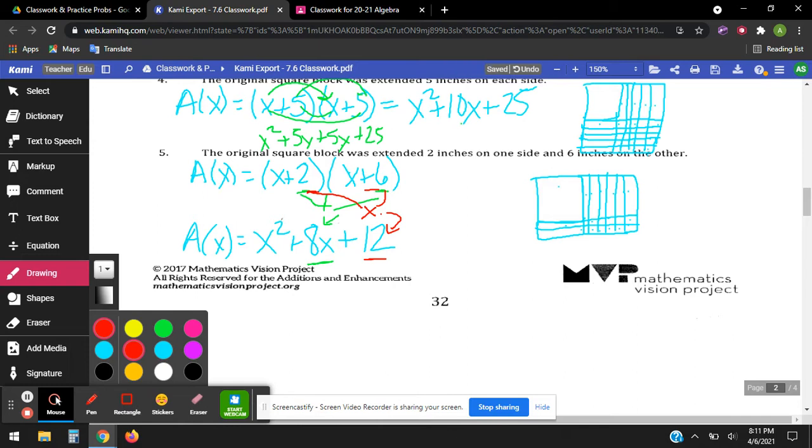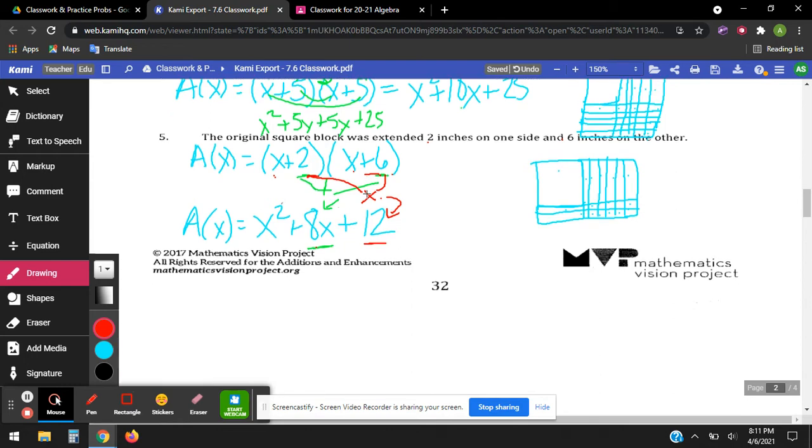So it looks like I'm going to have an x squared in the front, right? There's no multiplier in there. I'm going to add my numbers at the end, my extensions. I'm going to add those to get my b, and I'm going to multiply them to get my c. See if that works over here.